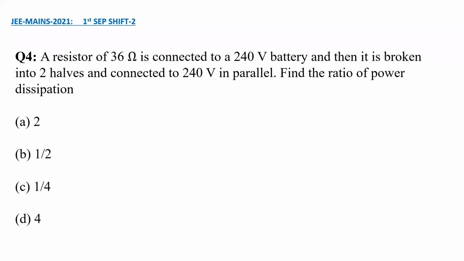So we have a resistance R connected to a voltage V initially, and thereafter R is broken into two resistors. So the resistance of them will be R by 2 each, and both these resistors of resistance R by 2 are connected in parallel to the same voltage V. So in the second case, the equivalent resistance is equal to R by 4.